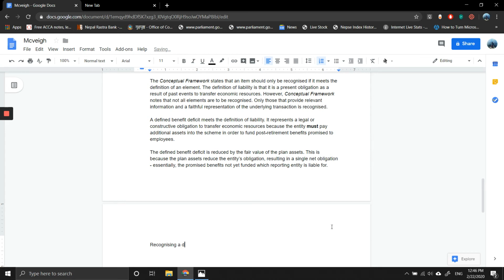Recognizing a defined benefit deficit provides relevant information to the users of financial statements.